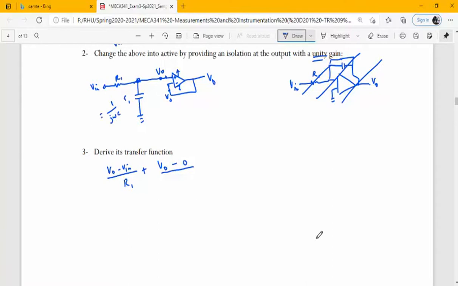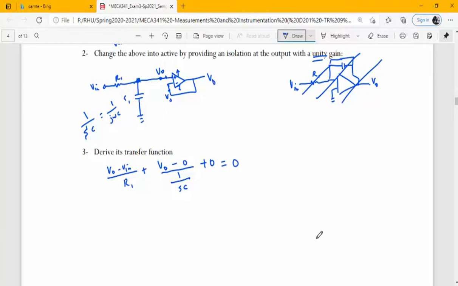We can write it as well as 1 over SC, where S is equal to jw. So let's use this one, 1 over SC. We have 3 wires connected to this node. Here the current passing through the op-amp is equal to 0, so plus 0. This is equal to 0.